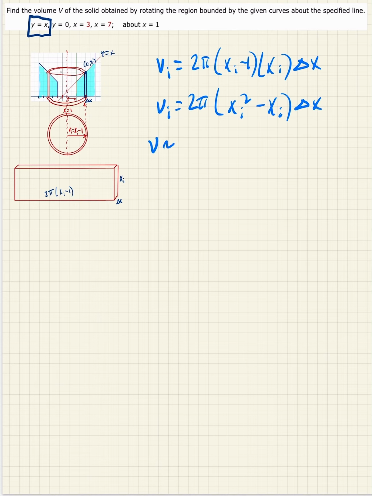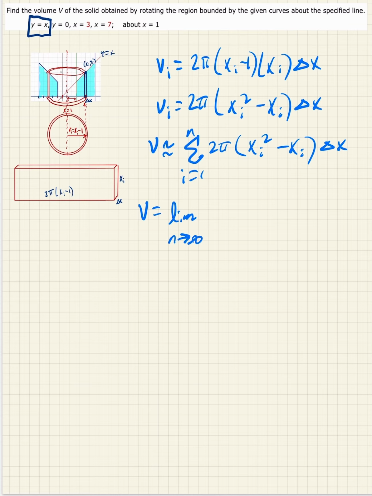And an estimate of the entire volume that we would have once we've completed this process would be the sum, i equals 1 to n, of 2 pi times x sub i squared minus x sub i, delta x. But that would be a finite number of those shells. The actual volume we could find by letting the limit of the number of those shells go to infinity.